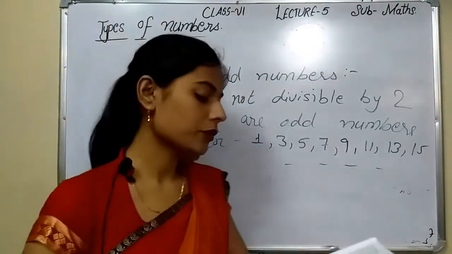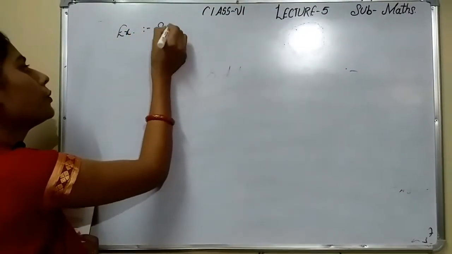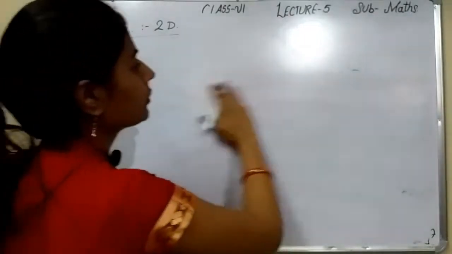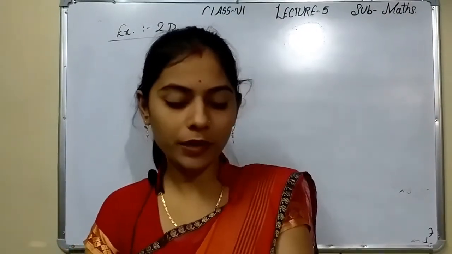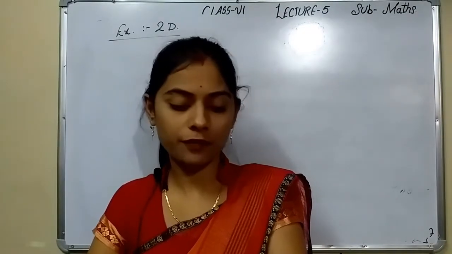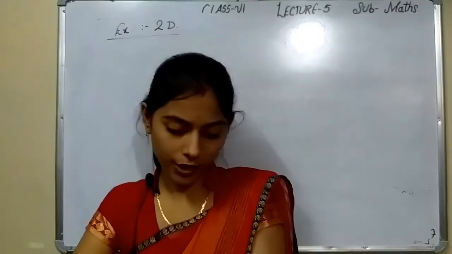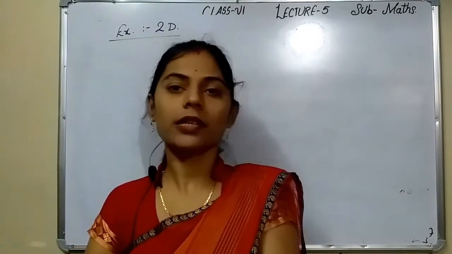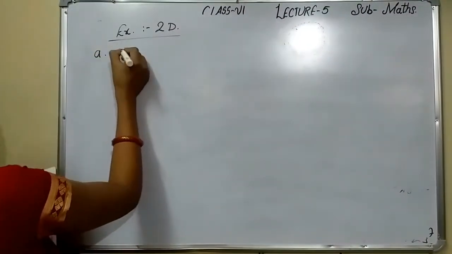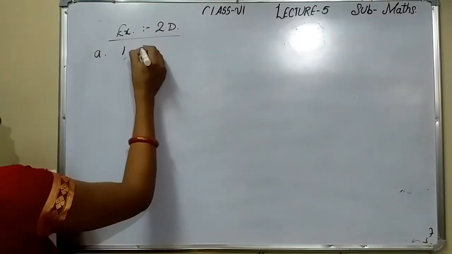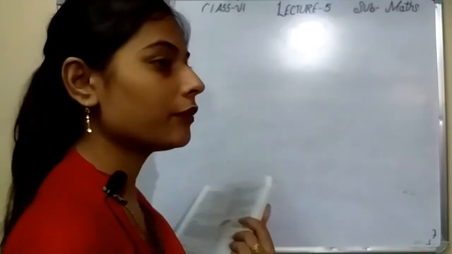Now see, we'll do some exercise questions. Exercise 2D. See, the first question is given here. How many prime numbers exist in between 1 and 10, 1 and 20, 20 and 40, 40 and 80, and 80 and 100. See, first question A. How many prime numbers are there in between 1 and 10?